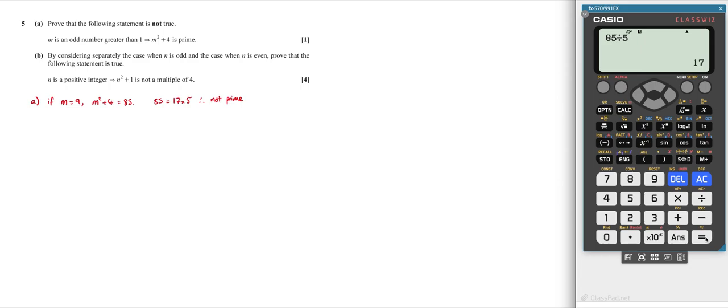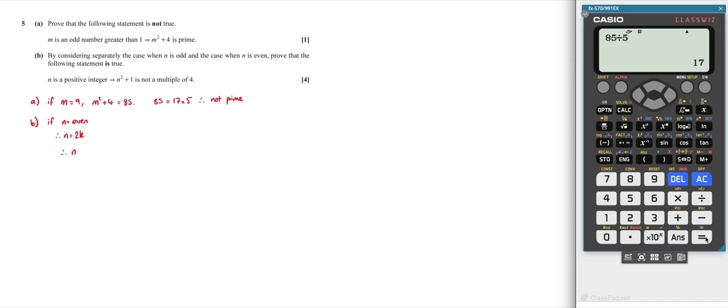Right, by considering separately the case when n is odd and the case when n is even, prove the following statement is true. If n is a positive integer, n squared plus 1 is not a multiple of 4. Right, let's start when n is even. If n is even, n is 2k.